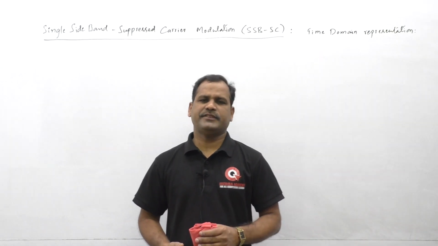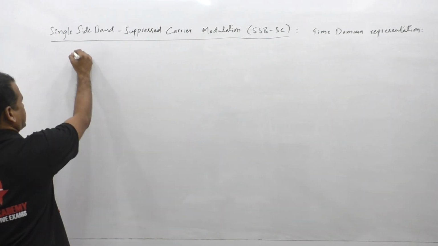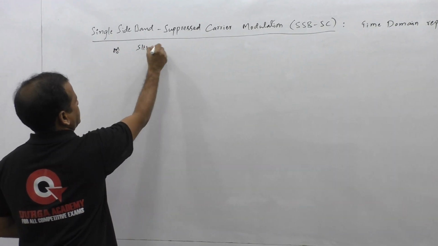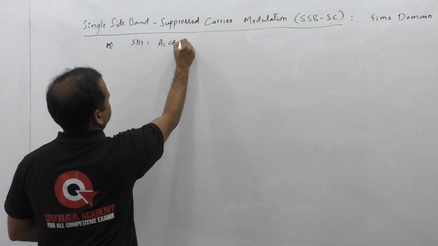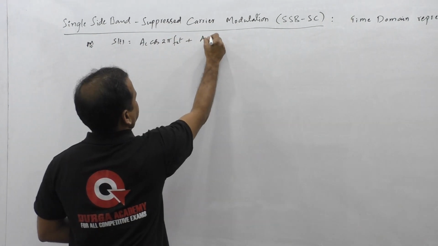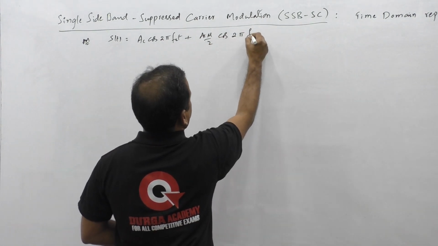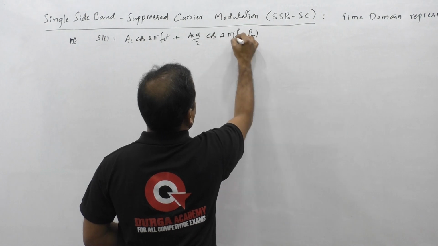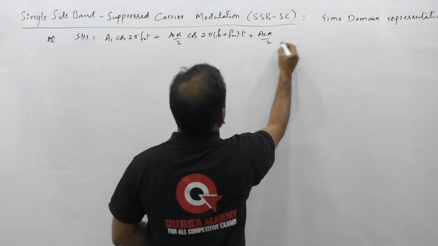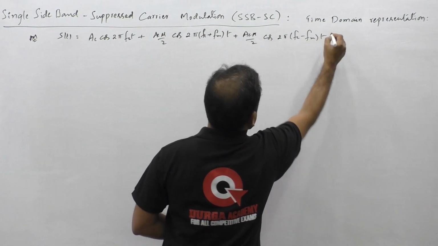If we consider the time domain representation for this SSB signal, first let us take the conventional AM signal in time domain. We have taken s(t) equal to Ac cos 2 pi fc t plus Ac mu by 2 cos 2 pi (fc plus fm) t and Ac mu by 2 cos 2 pi (fc minus fm) t.